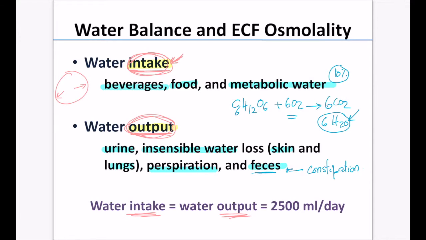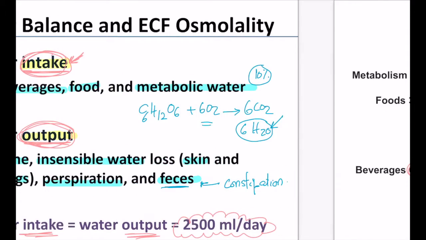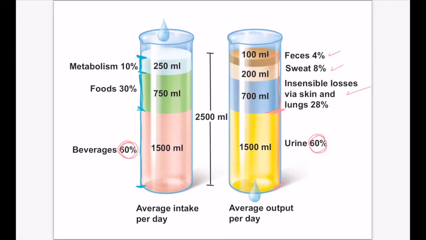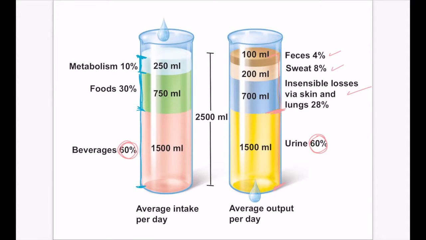And you see on here, this is going to be around 2.5 liters per day. This diagram is showing us the different forms of water intake and output. If you look on here, water intake through the metabolism is representing 10%, compared to food contributes to 30% of the total body water intake, and beverages are representing 60% of the total body water intake.